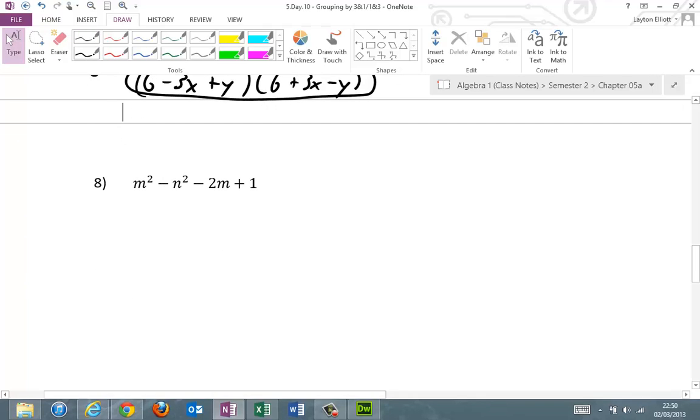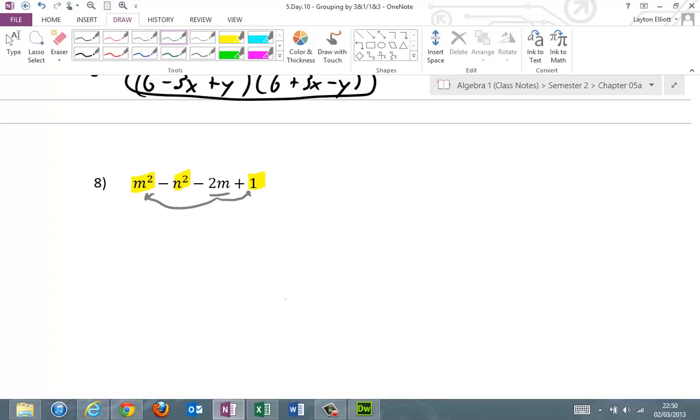Next one, look for 3 perfect squares, m squared, n squared, and uno. All of those are perfect squares. The 2m would have to come from an m, but it also comes from a 1. So why does it come from a 1? Well, it can't possibly have come from the n squared. Then we look to see, well, okay, now what's positive?